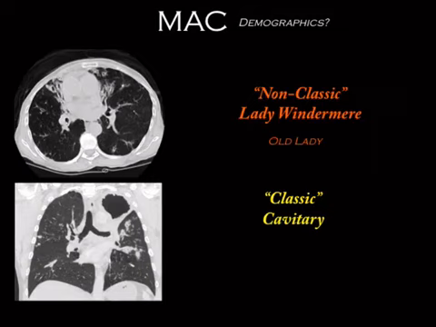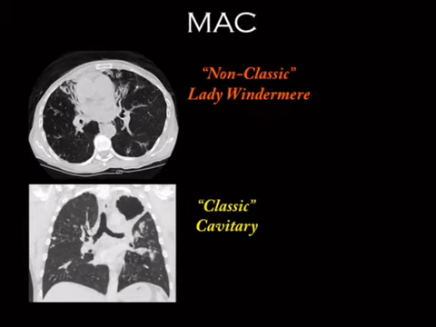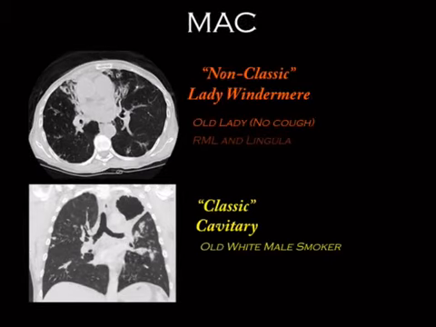So remember, not all Mycobacterium is TB. Okay. Distributions are different. Right middle lobe and lingula, that's very classic. First-year residents typically know that or have seen that before.